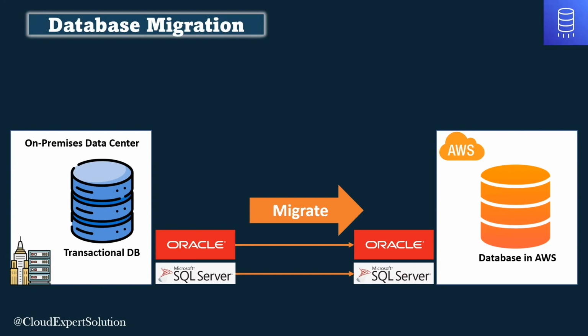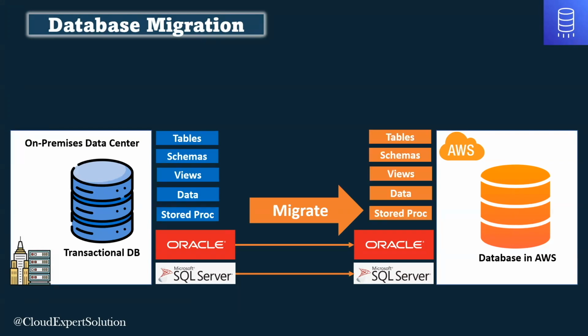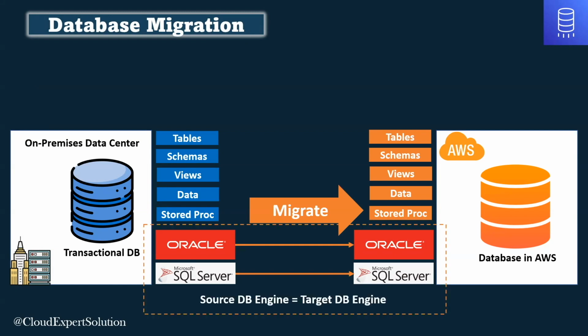That means whatever the tables, schemas, views, data, and the stored procedures you have in on-premise data centers, you can migrate as is to your target database in AWS. In our case, our source database engine equals the target database engine, and this type of migration is called homogeneous migration.